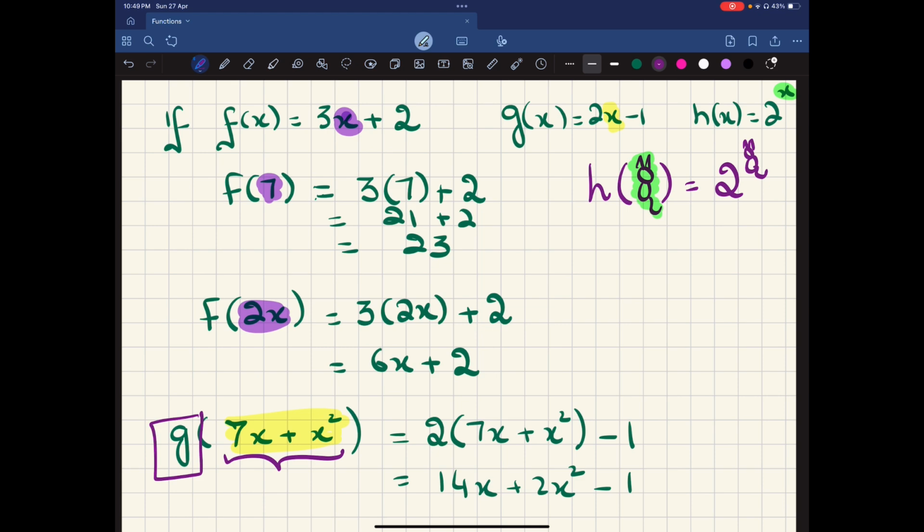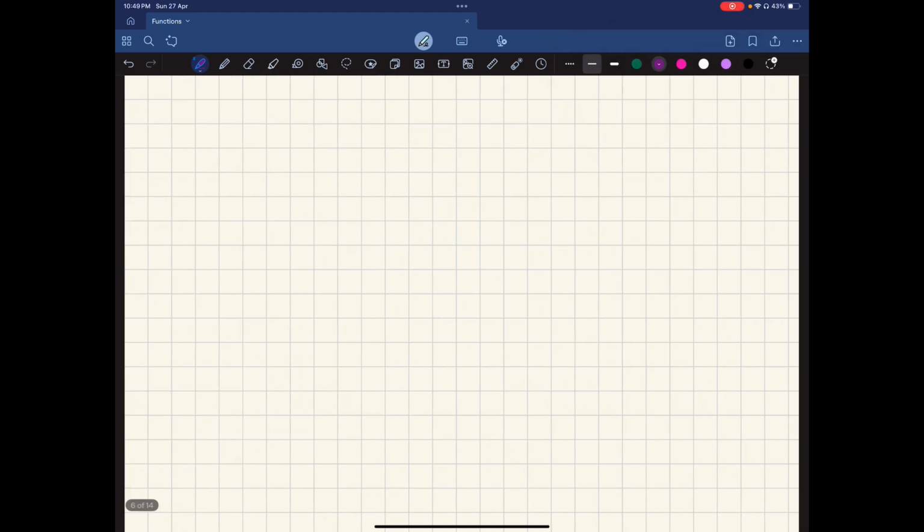Now they can also give you the value of the function, and ask you to find the value of x. So for example, if g of x is equals to 2x minus 1, and they tell you to find the value of x for which g of x is equals to 11.